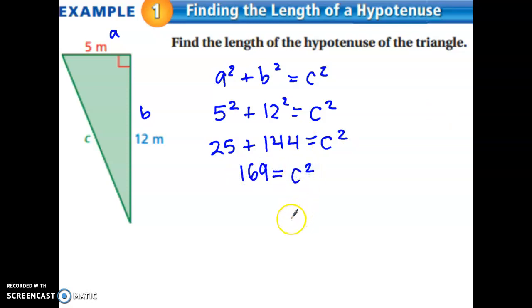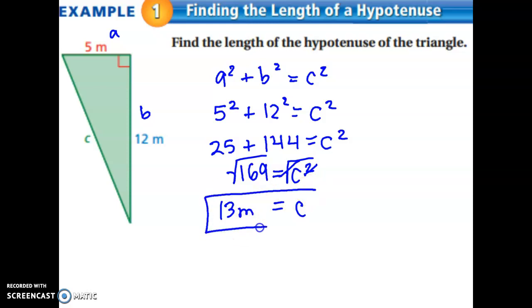And we still want to isolate c, so remember to use inverse operations. So we're going to have to square root both sides in order for our square and our square root to cancel. Okay, then we're going to get c equals, what's the square root of 169? Good, 13. So 13 meters is the length of the hypotenuse, c.